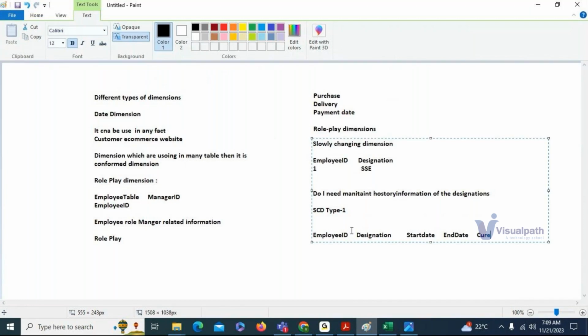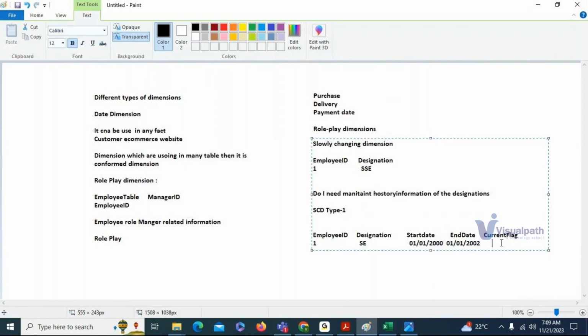I will explain the importance of the current flag. Employee ID 1, he was a software engineer from so and so date, like 01-01-2000 to 01-01-2002. And what is he doing now? The current flag: is it current?